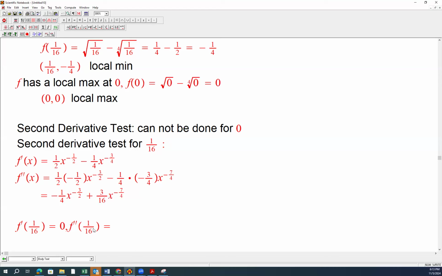And then we're going to substitute the second derivative, which is this piece, by 1/16.